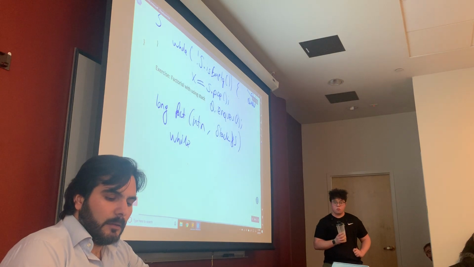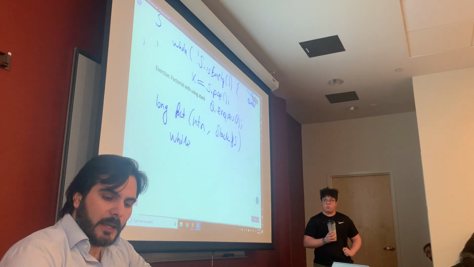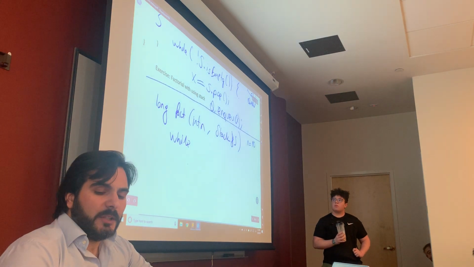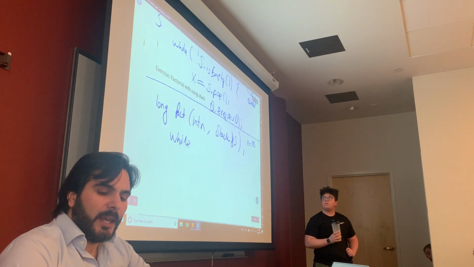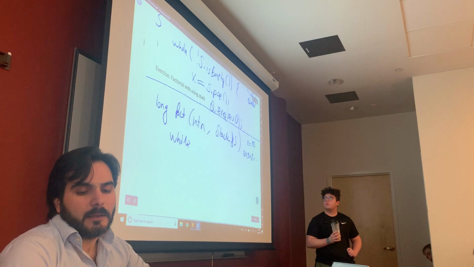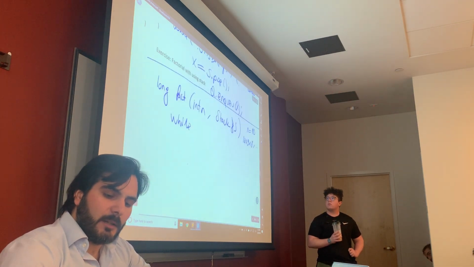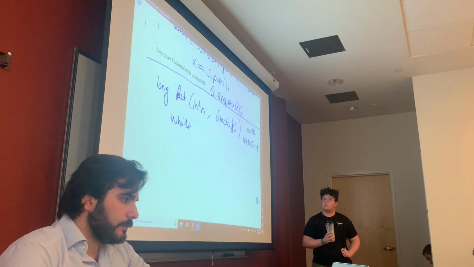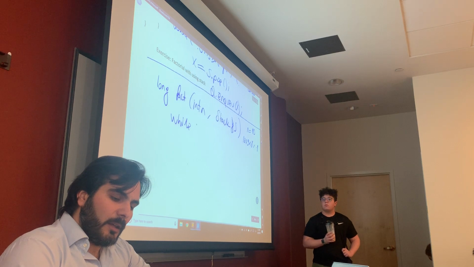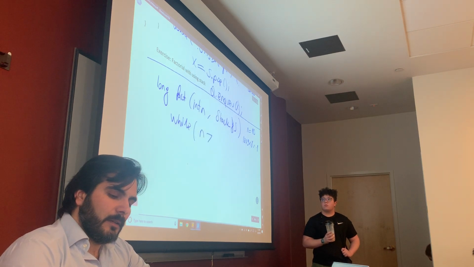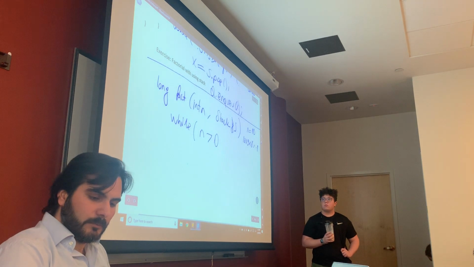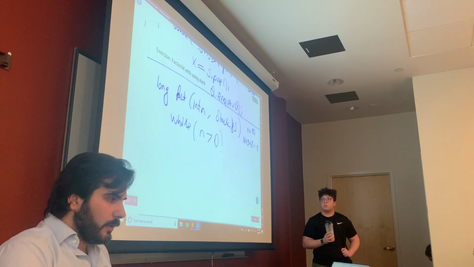So I'll say while, because I'm going to run a while loop, but let me explain it a little bit. If I enter number 10, what is it going to do? I want my function to behave like this: 10 times 9 times 8 times, dot, dot, dot, times 1. So I will be using a while loop when n is greater than 0.